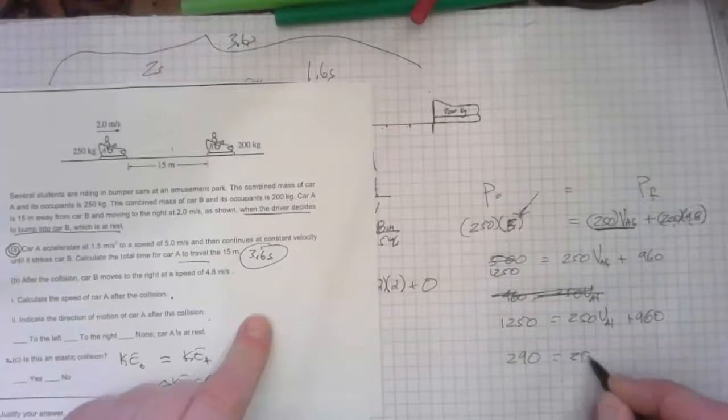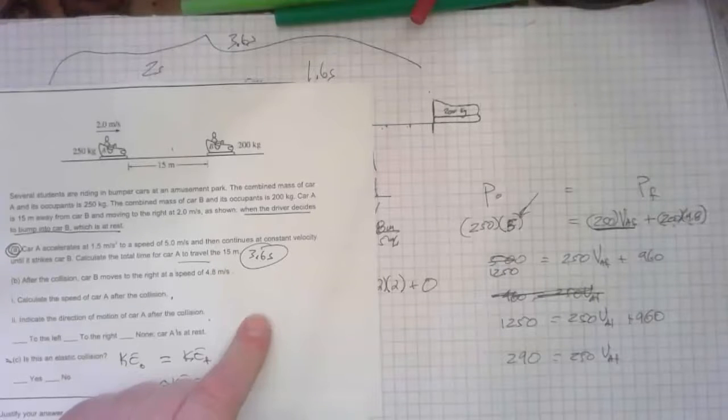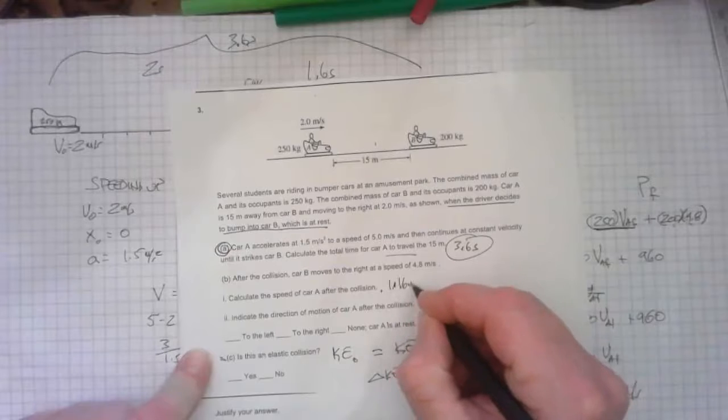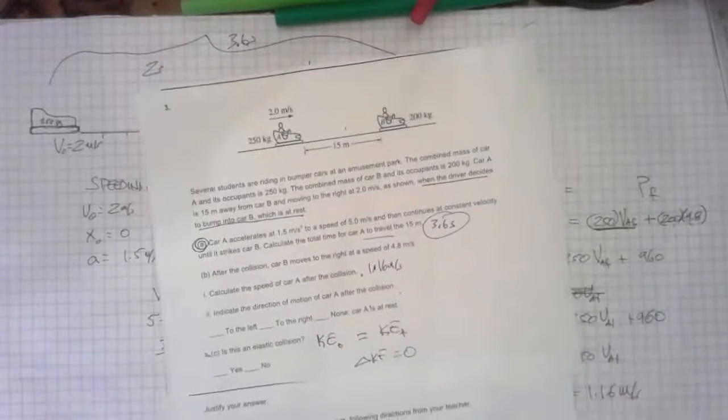Equals 250 VA final. I divide by 250, and I get 1.16. So the final velocity of A is 1.16 meters per second, and it is to the right, it is positive.